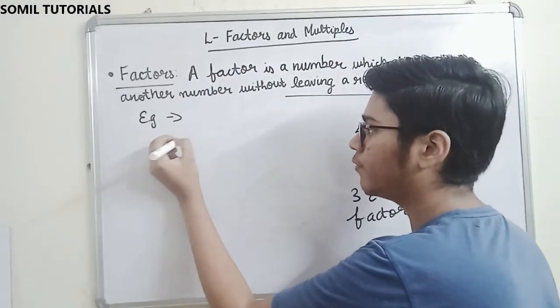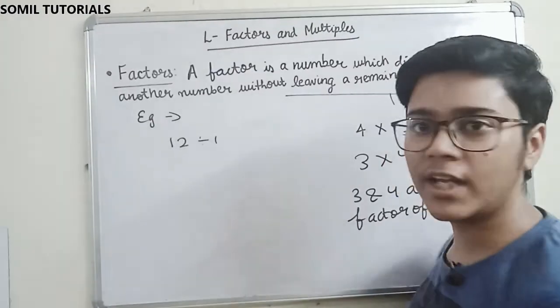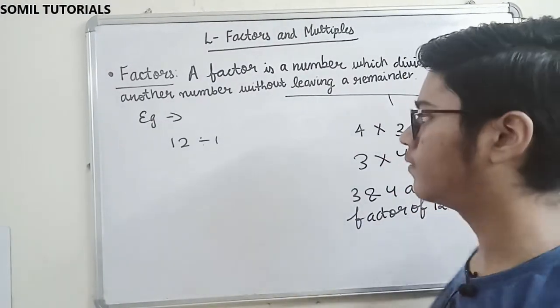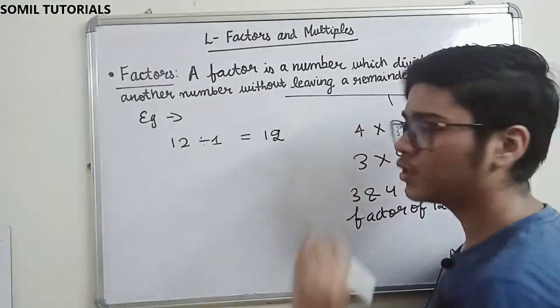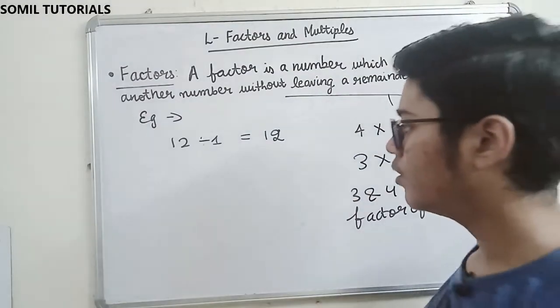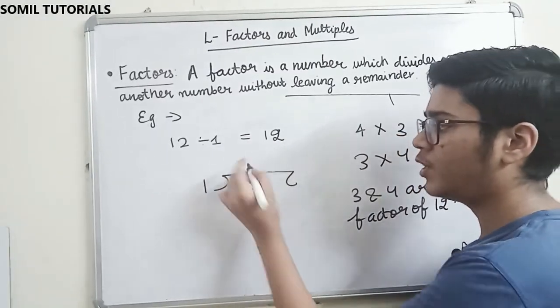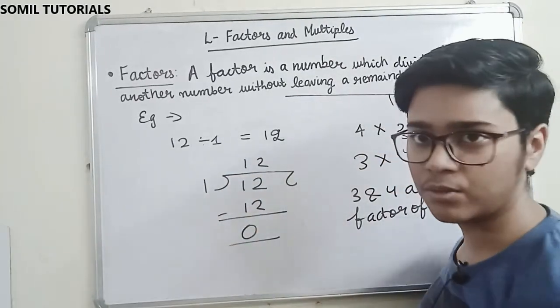We'll start with number 1. 12 divided by 1. If you divide any number by 1, you will always get the number itself as quotient. So when I divide 12 by 1, I get quotient 12 and remainder 0. Let me show you also if you have any confusion. 1 twelves are 12. Remainder comes out to be 0.